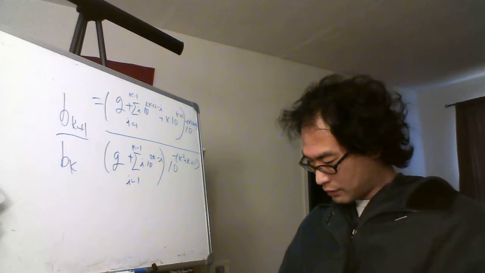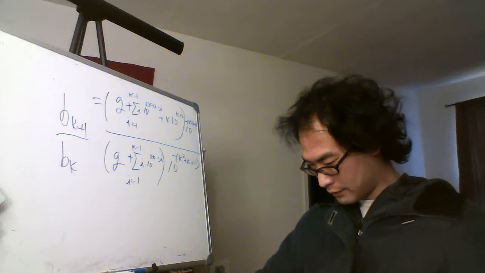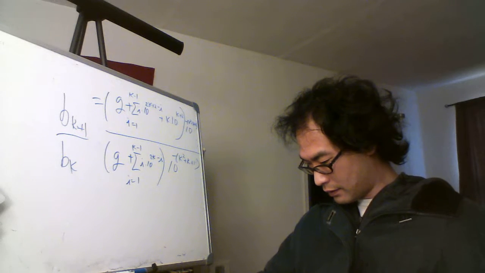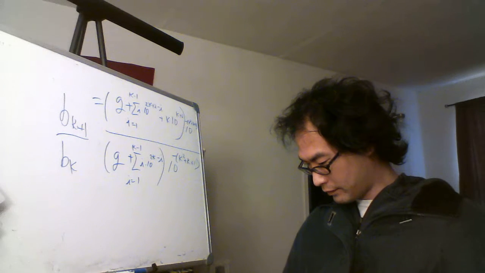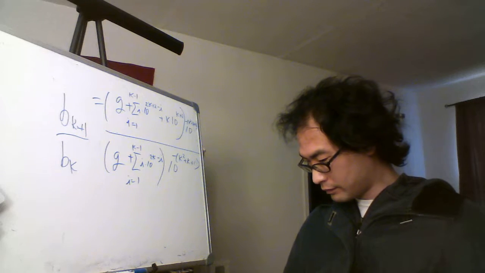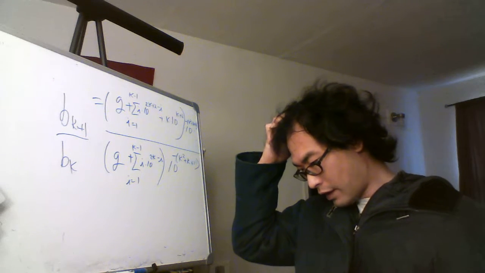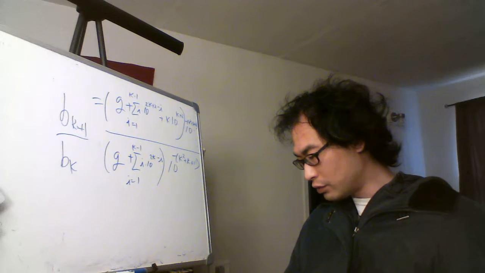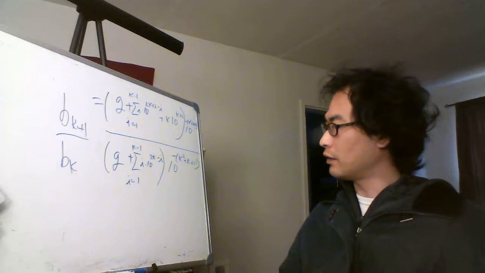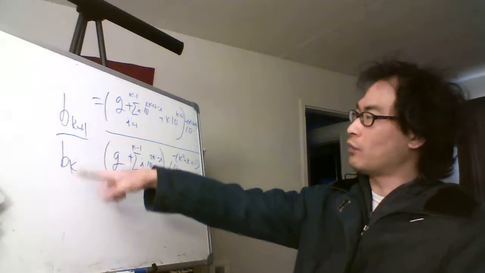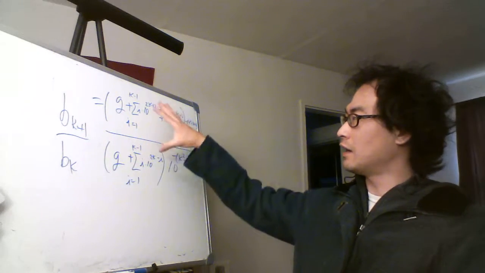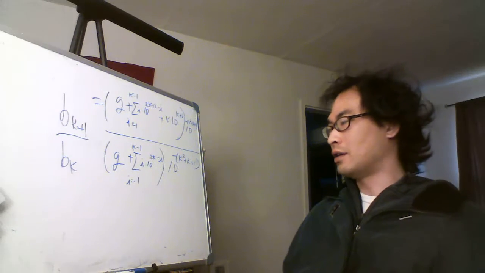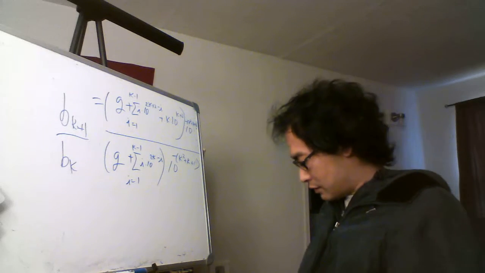Comparison test. Okay, the limit when n goes to infinity. So the limit of that when k goes to infinity, if the limit of that is less than 1, then it converges. Okay, so that's the ratio test.